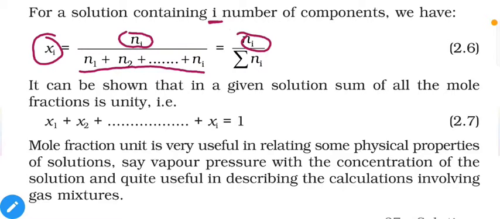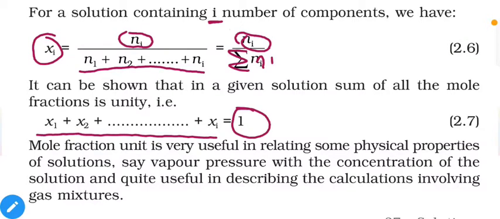That means the number of moles of i divided by the summation of the number of moles of all the elements. And as already said, the total mole fraction is always equal to 1, no matter how many different elements you have, 1, 2 or 1000. The total mole fraction will always be 1.